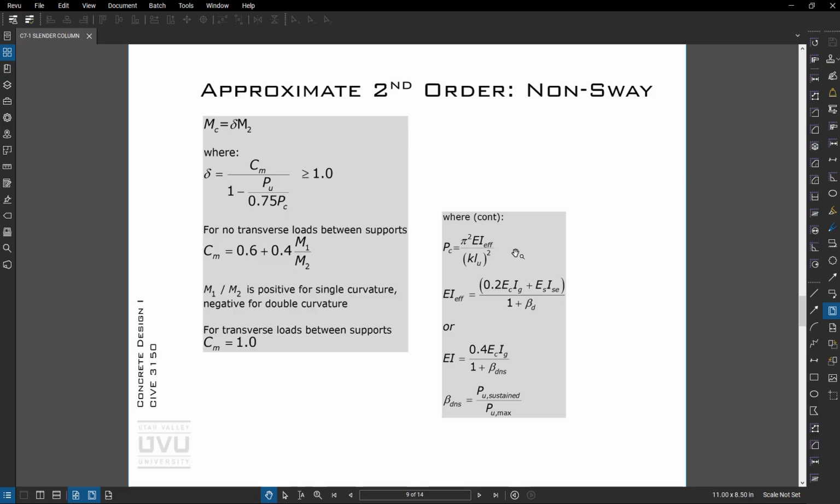Euler buckling equation. We have this EI effective, which is given down here, either this value or this value, which is really just an approximation of when this column cracks, what is the true moment of inertia. So for non-sway, this would be the approximate method.